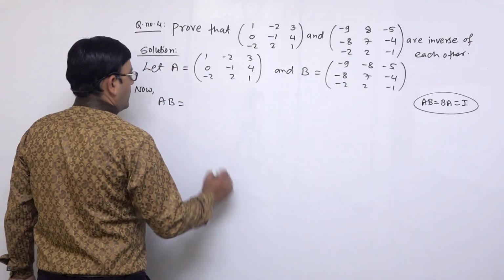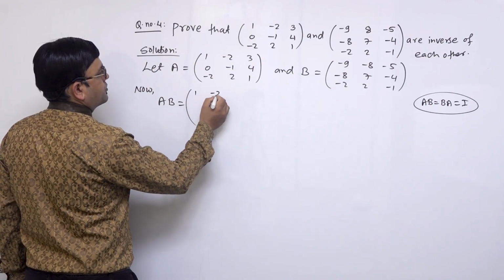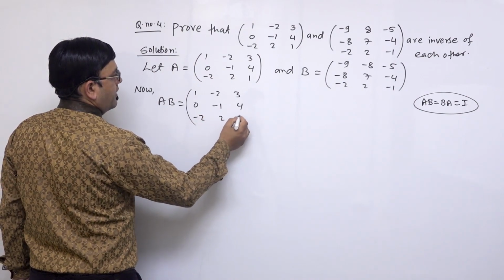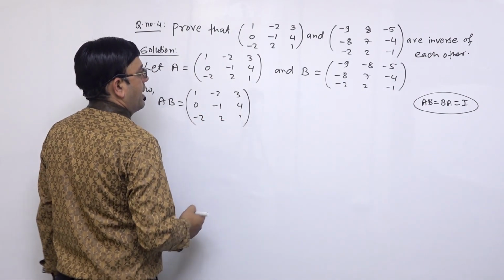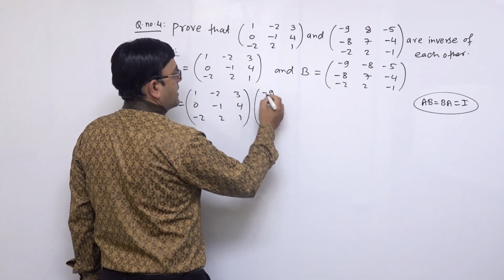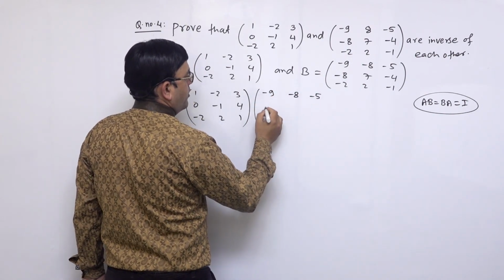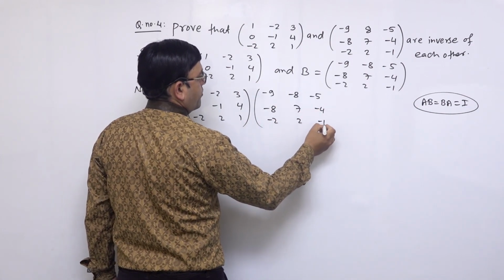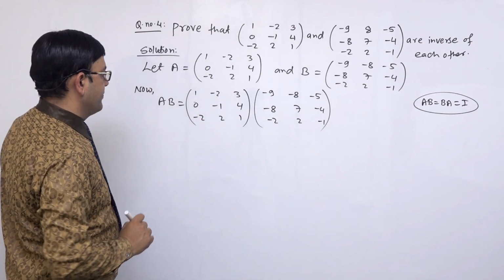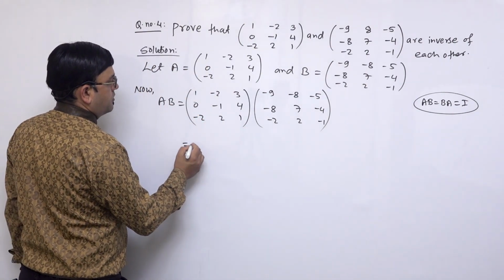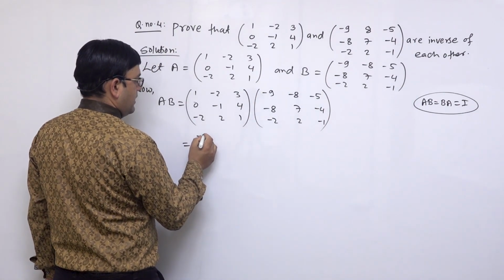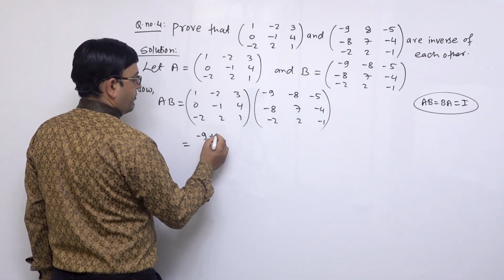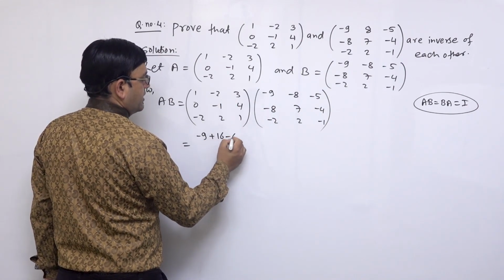Look, AB is [1 -2 3; 0 -1 4; -2 2 1]. This is A. And the next one is the B matrix, [-9 -8 -5; -8 7 -4; -2 2 -1]. Let's multiply these two matrices. This is equal to 1 times -9 is -9, and then -2 times -8 is plus 16. 3 times -2 is -6.